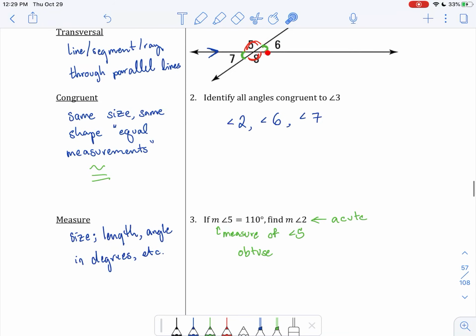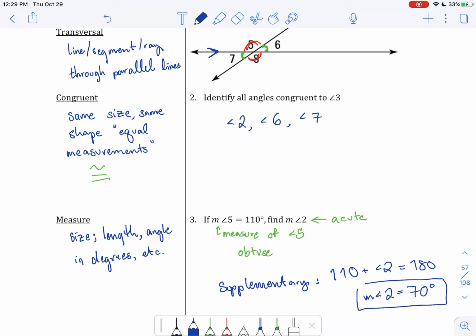And since they are on lines, so 5 and 6, 7 and 8 are all on a straight line here, that means that these sets are supplementary. Meaning that, again, they add up to 180 degrees. So 110 plus whatever angle 2 is equal to 180. We can subtract away on both sides, and we find that the measure of angle 2 is equal to 70 degrees.